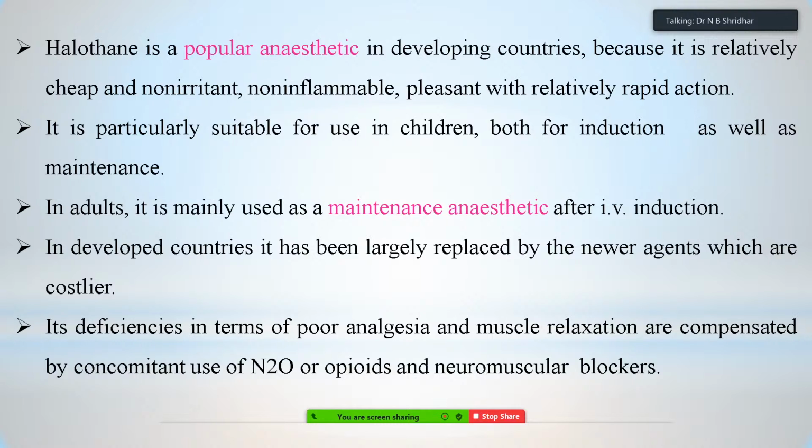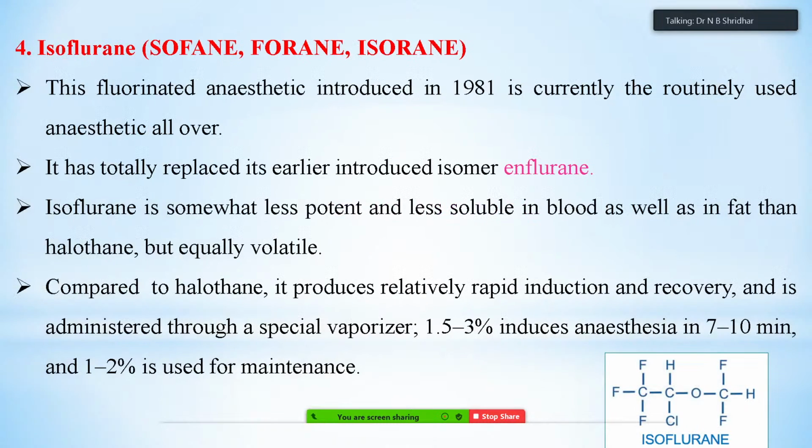In adults, it is mainly used to maintain anesthesia after IV induction. In developed countries, it has been largely replaced by newer agents which are costlier. Its deficiencies in terms of poor analgesia and muscle relaxation are compensated by the concomitant use of nitrous oxide, opioids or neuromuscular blocking agents.